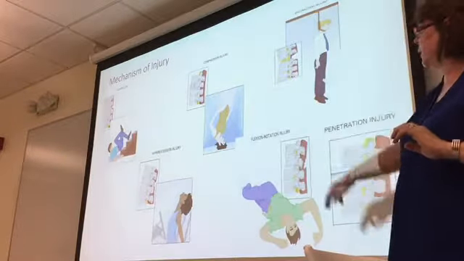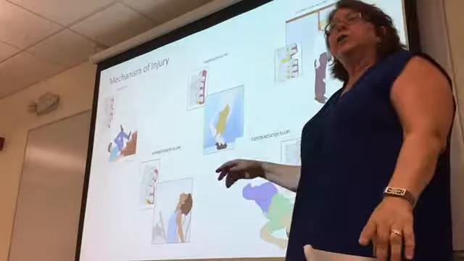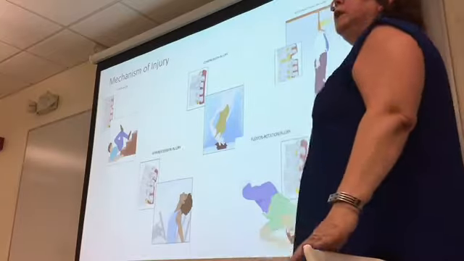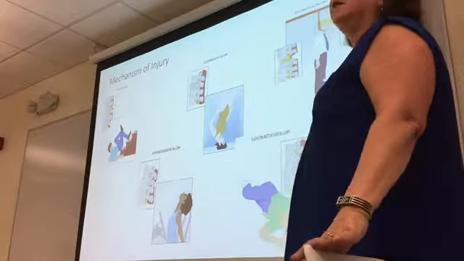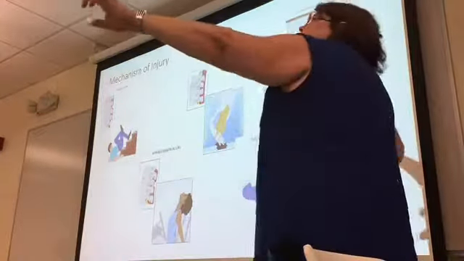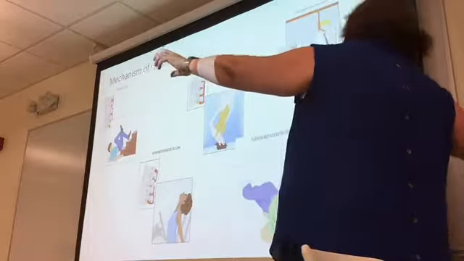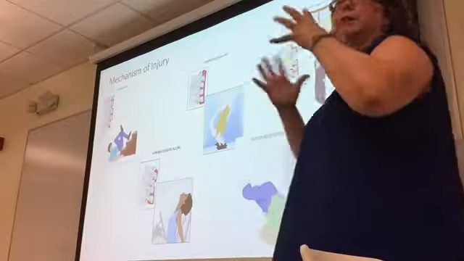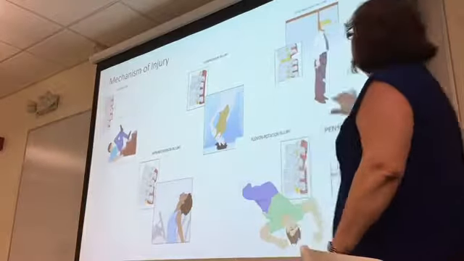Here's someone with a flexion rotation. It could happen if you realize you left something in the back seat, and you're driving down the highway trying to find it, and all of a sudden you look back and get in an accident, in a rotation and that whole twisting movement.